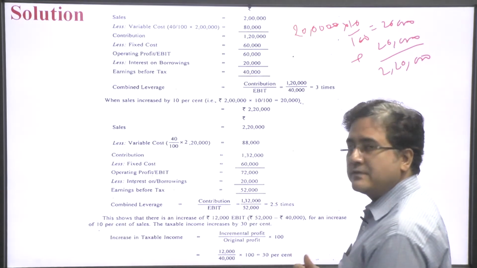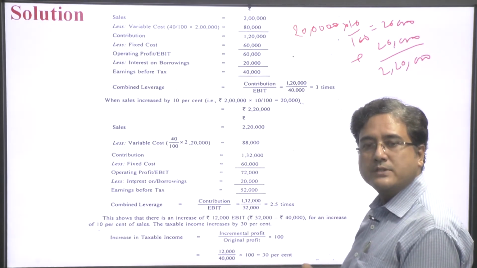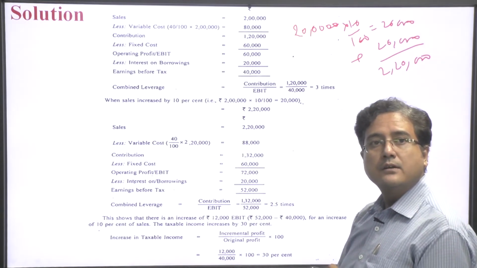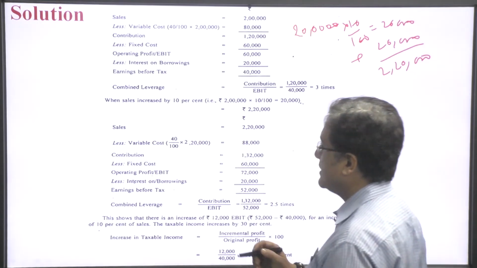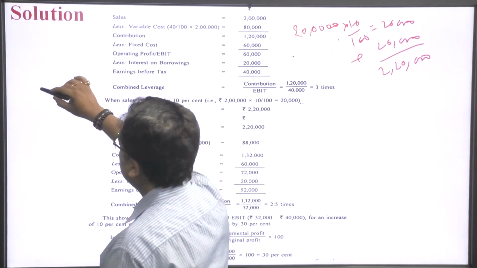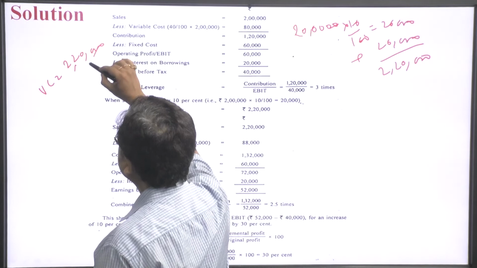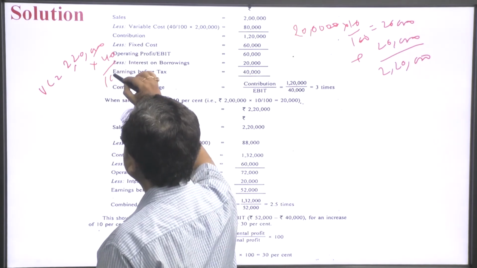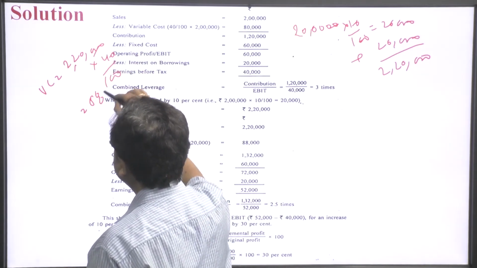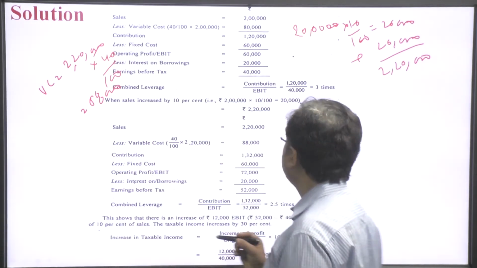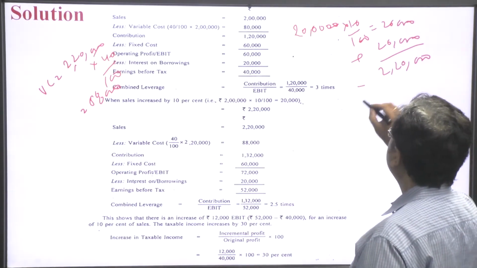When sale increases, variable cost increases, and variable cost is 40% of sale. So, variable cost equals 2,20,000 into 40%, which is 88,000.